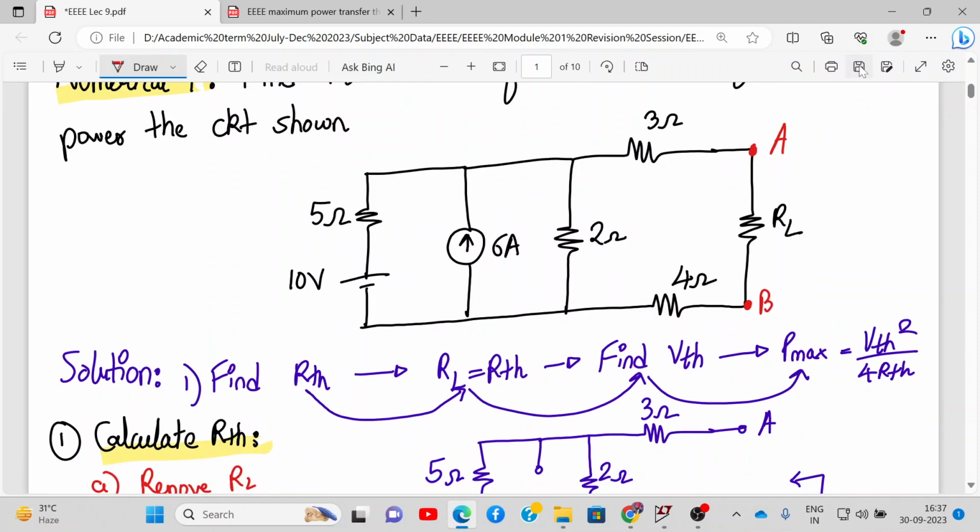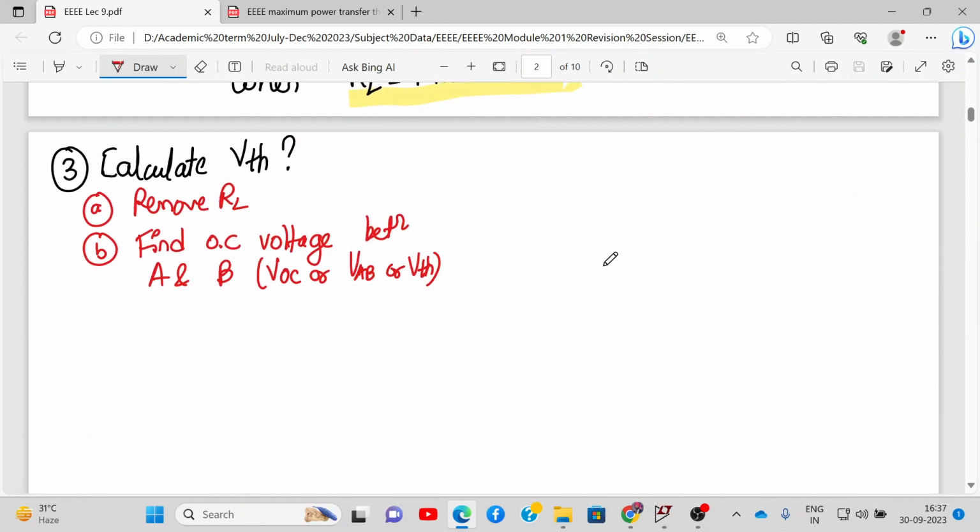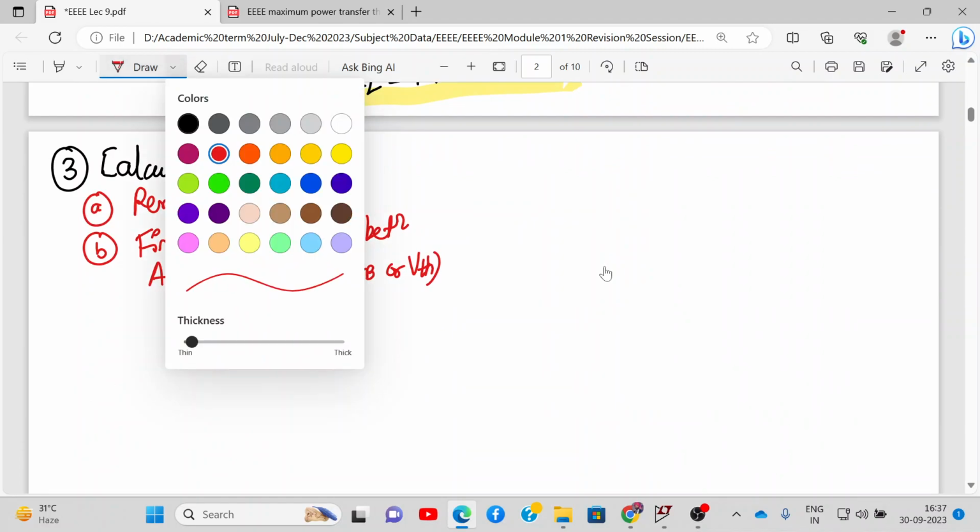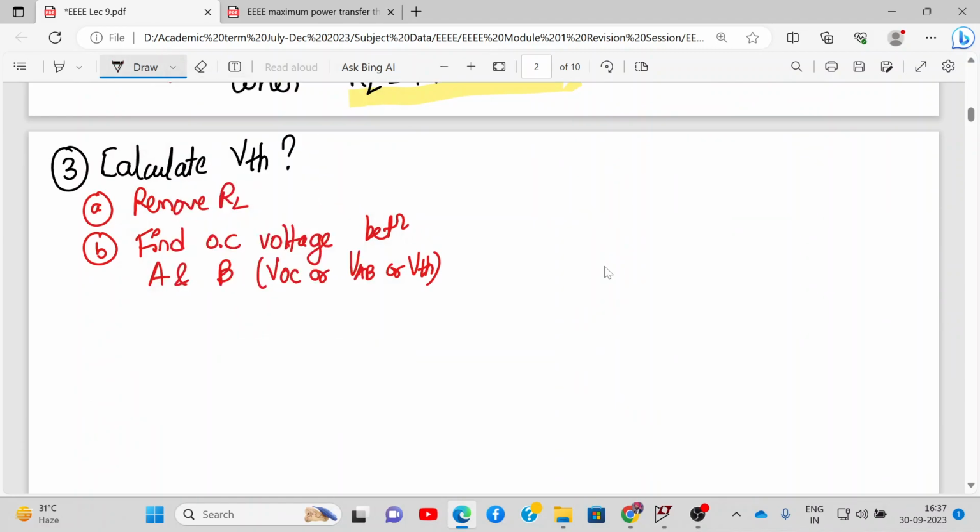Alright, so let's continue further. Let me draw the circuit in this condition. I'm redrawing the circuit, but without the load resistance. So here we have 5 ohm resistance. Then we have over here 10 volt. Here we have a current source of value 6 amperes.